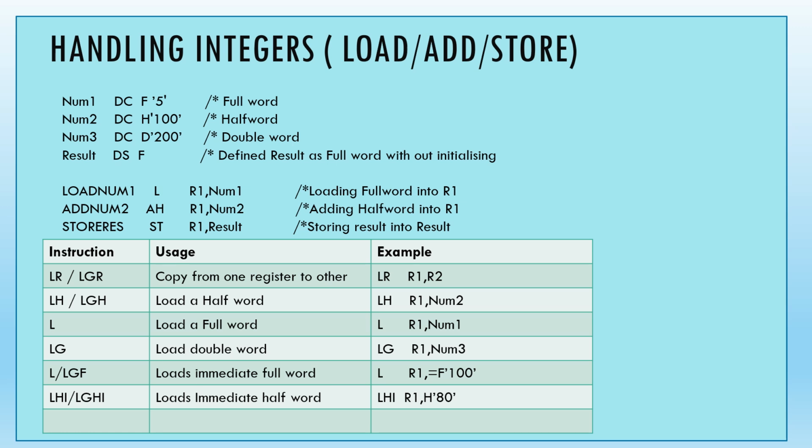And the last one is LHI, which is a halfword; directly the value is getting stored. In both of the last two cases, the value is defined in the instruction itself, but when it comes to a literal, the storage gets allocated somewhere, and when it comes to the LHI instruction, there is no storage allocated anywhere. Just look one more time. If you are not clear, you can go through the same slide one more time.